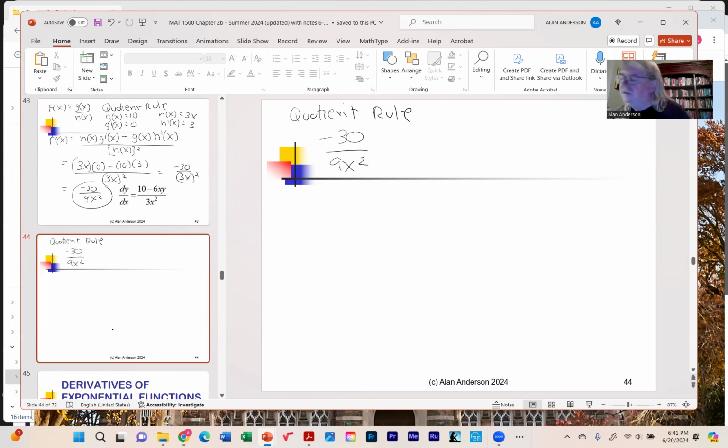And here's what we got for dy dx, that is, 10 minus 6xy over 3x squared.